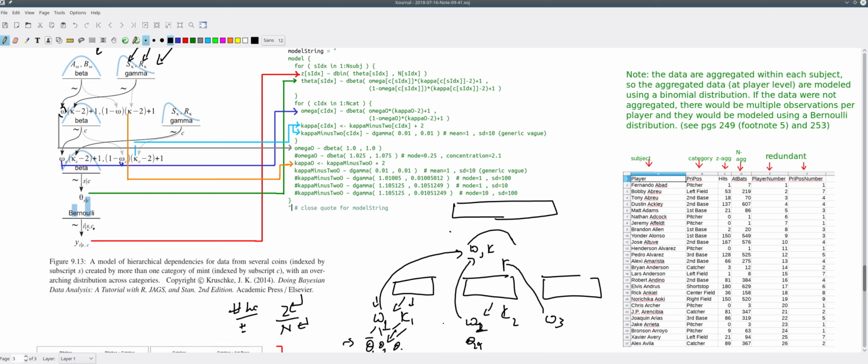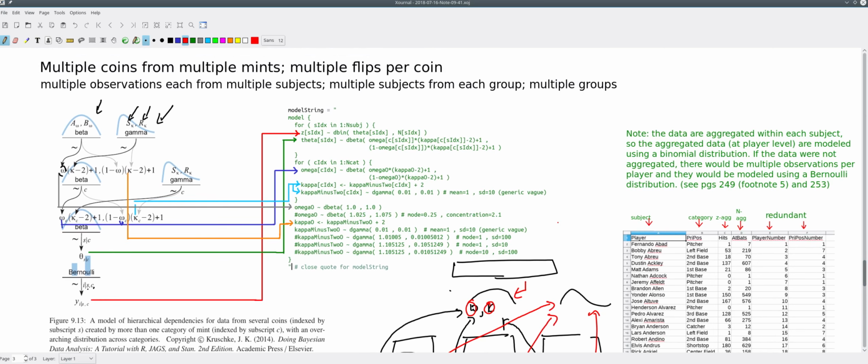Now there are kappas also. So these kappas are governed by a gamma distribution. So the kappas are modeled by that, this thing is modeled by that, this other thing is also modeled by that, and so on. Now this overall beta distribution, which constrains the values that these individual omegas can take, is modeled at a higher level as follows.